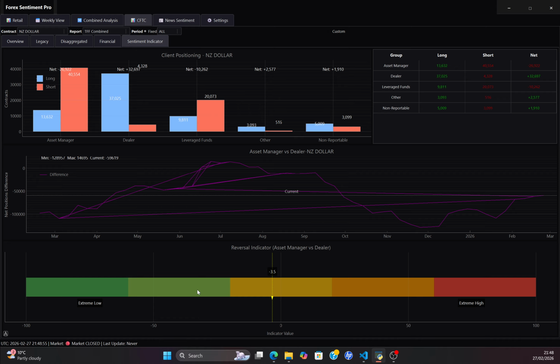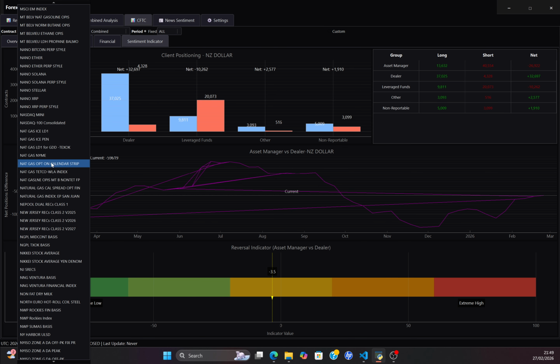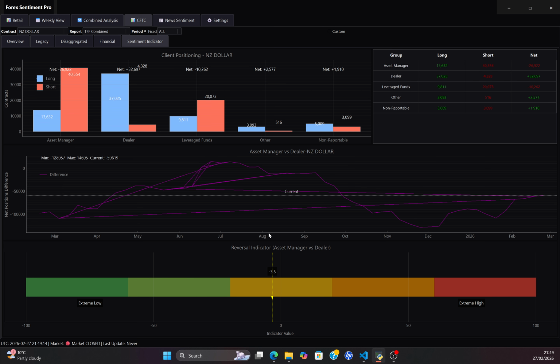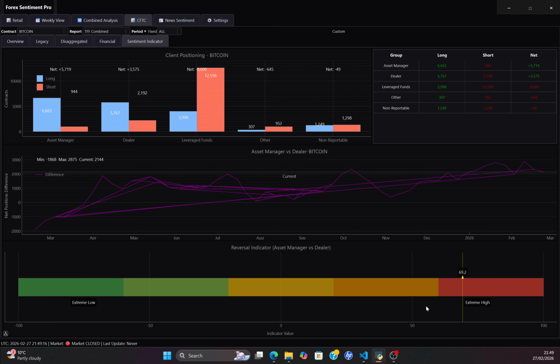Are they at a very extreme high or at a very extreme low? When it's at the extreme high, it doesn't mean the price is rising straight. No, it just tells you how aggressive they are. Once you select another pair, everything updates automatically for that selected pair. So if you look at the trading financial markets on Bitcoin, they are quite aggressive.